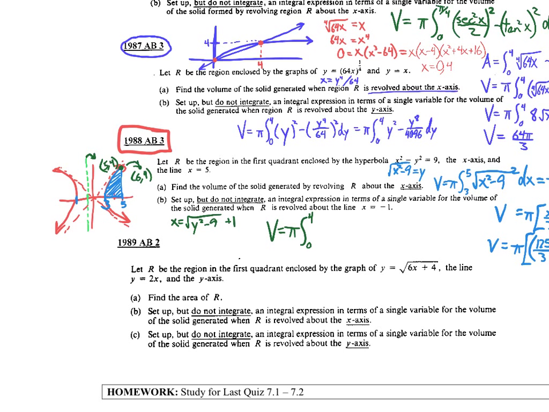So it's going to be the integral from 0 to 4. And now I'm going to be integrating the square root of y squared minus 9, plus 1, squared, dy. So now that's all set up, and that's as far as I needed to go here.